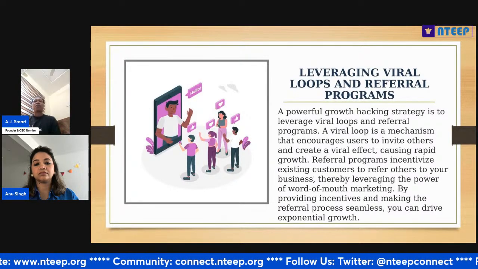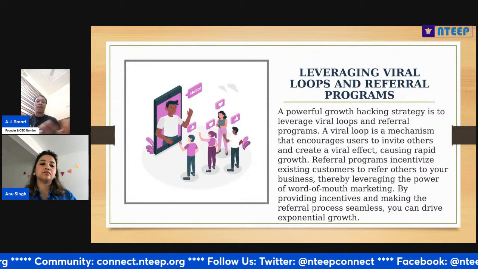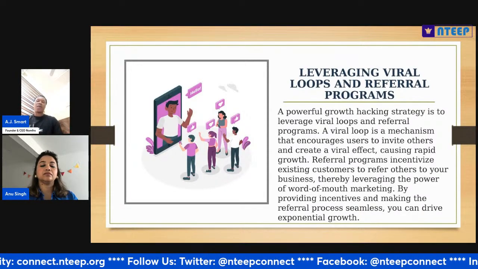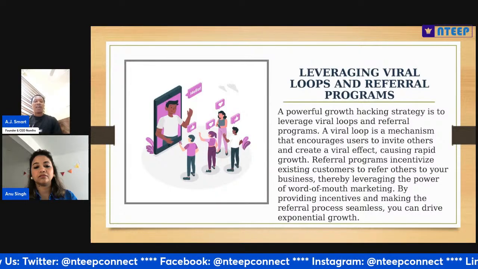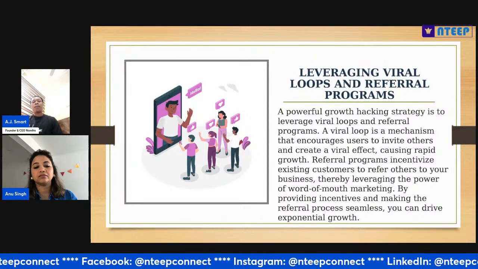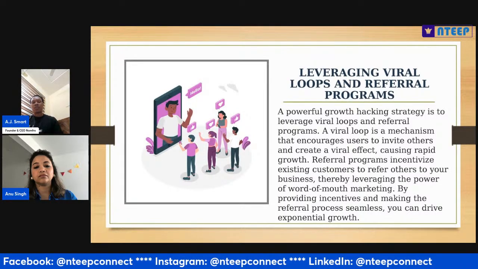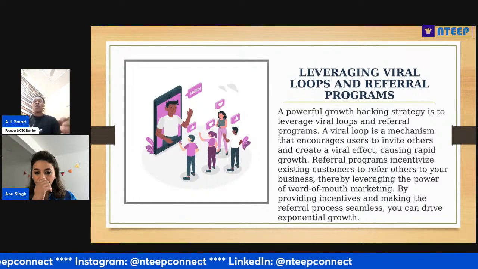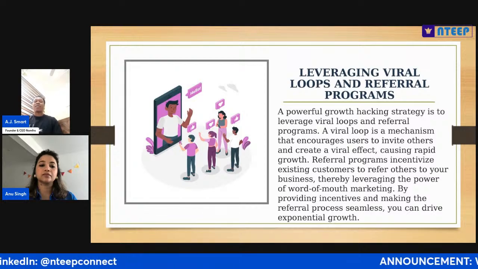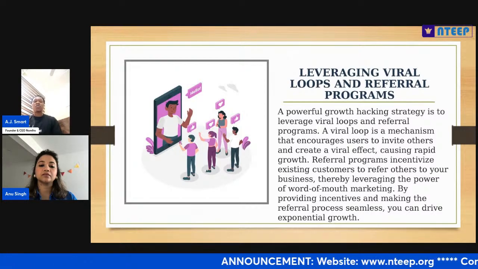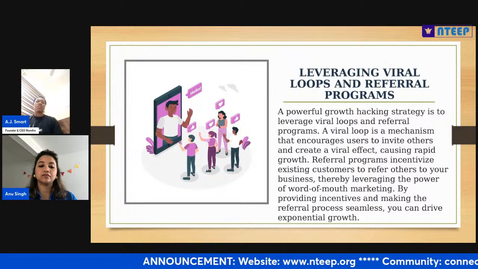You must have seen influencers talking about something, and they will say, use my referral code. They earn something each time you use their promo code, and you also get a discount when you use their platform. That is also a growth hacking strategy to use. Take advantage of referral programs.